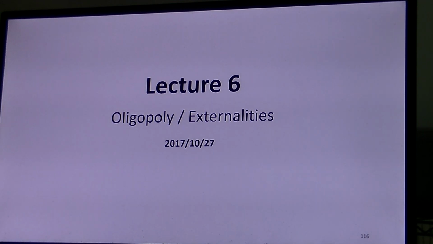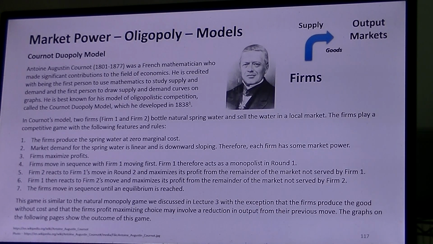We'll begin with the Cournot duopoly model. It's an oligopoly model. Antoine Augustin Cournot was a French mathematician from the 19th century who made significant contributions to the field of economics, and he's pictured there.